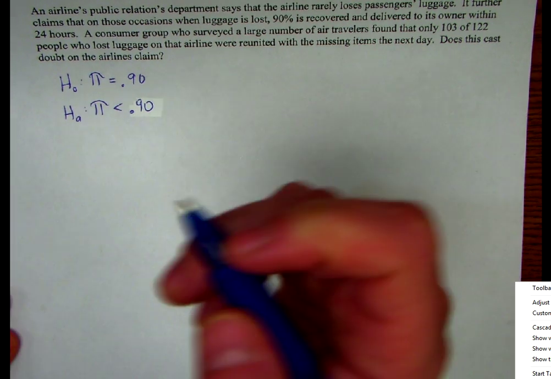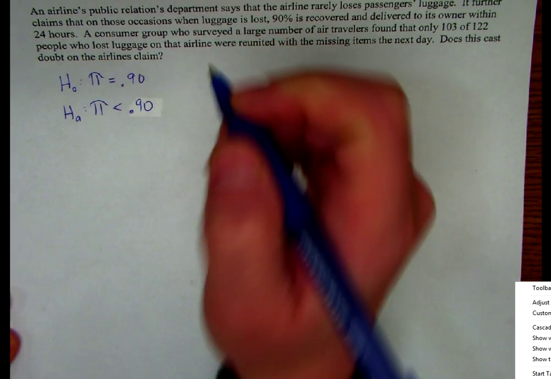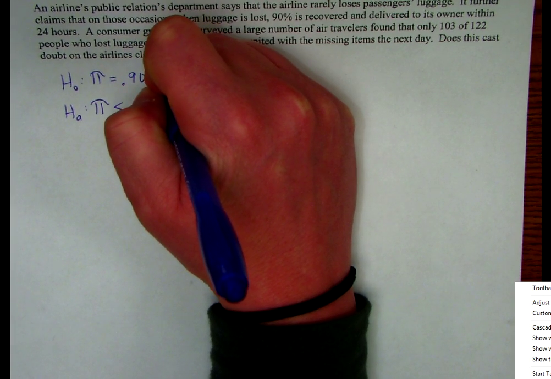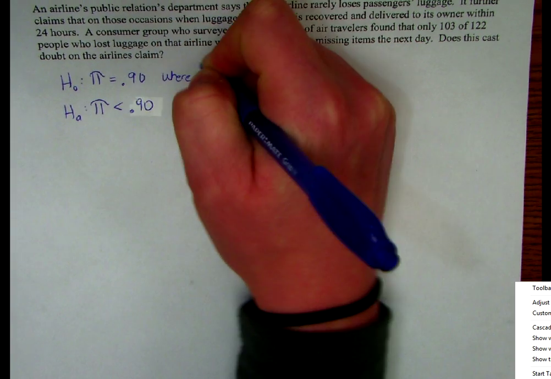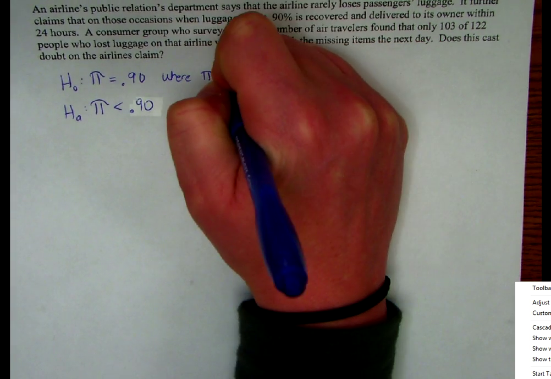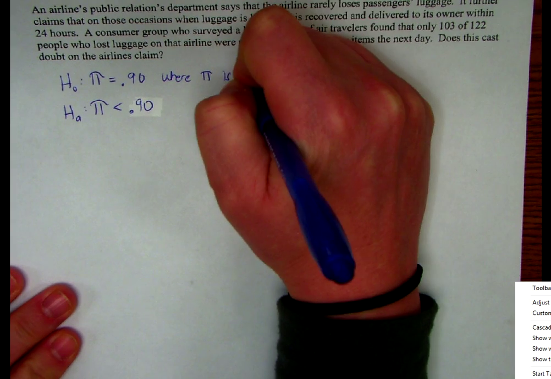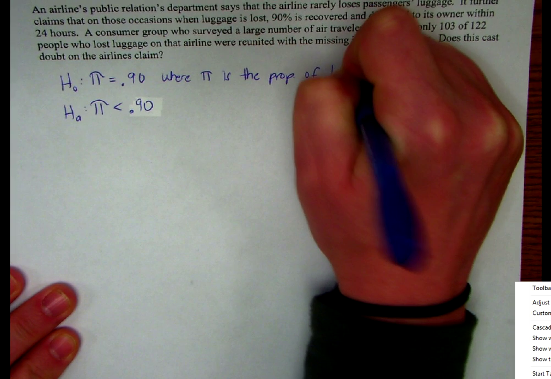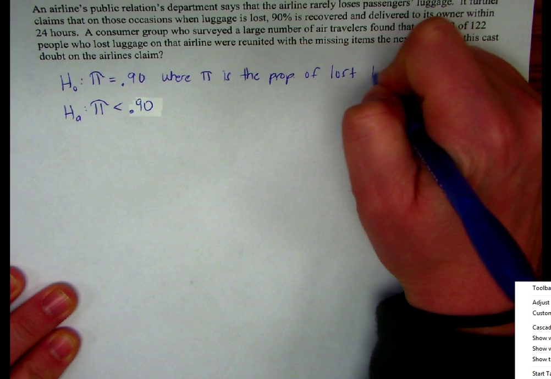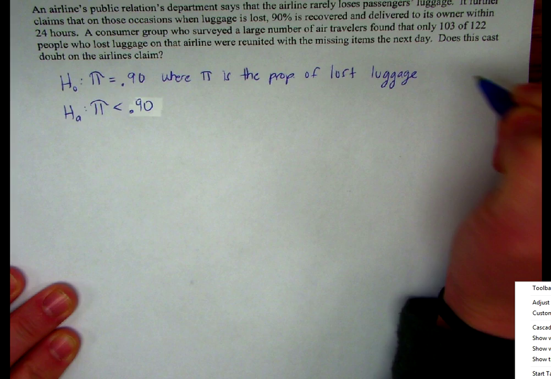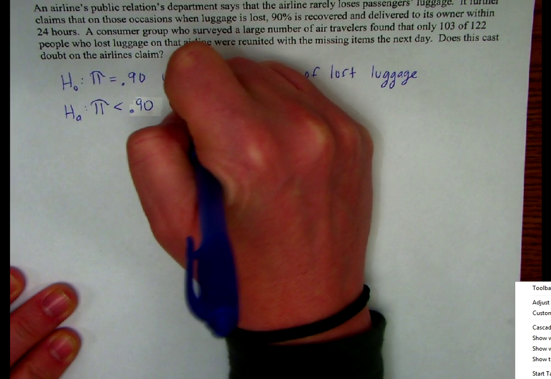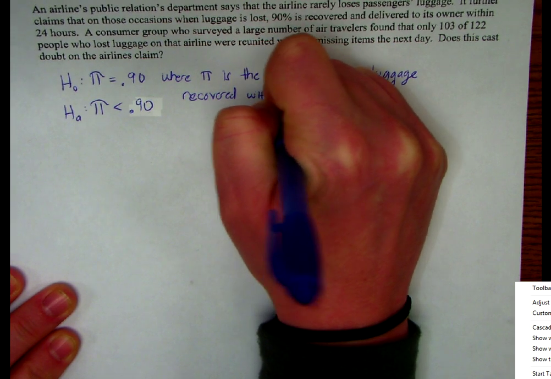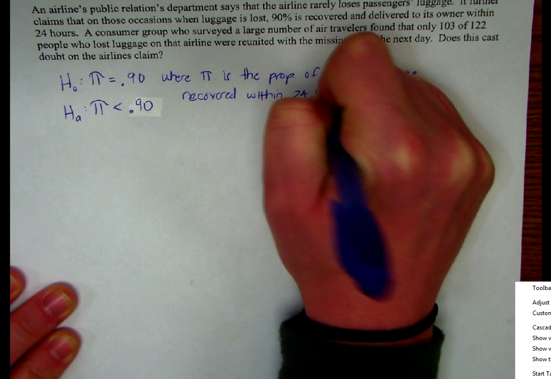One of the things that you have to define is your Greek letter. So I would say where pi is the proportion of lost luggage recovered within 24 hours.